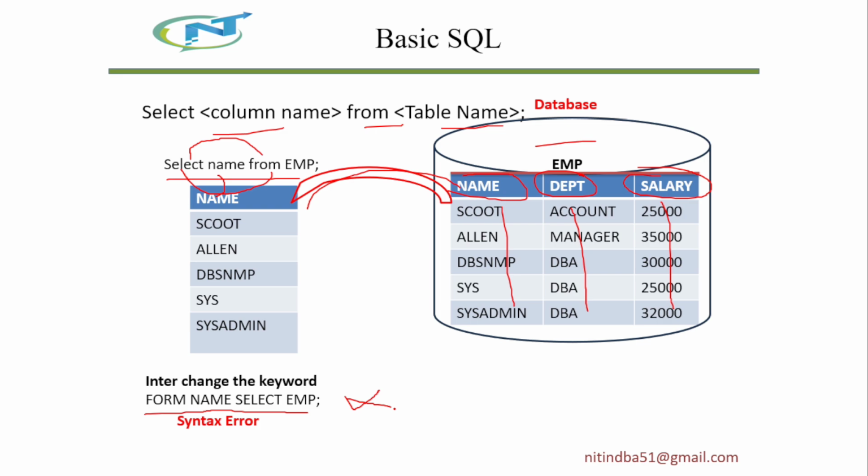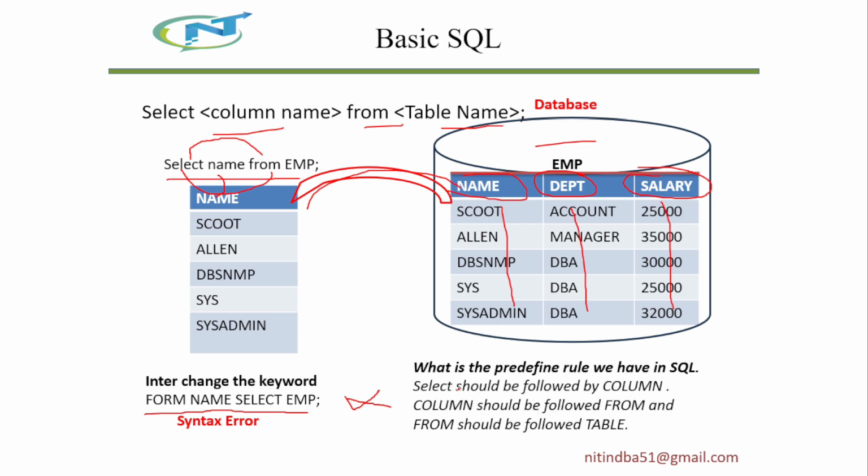Why? Because we are not following the predefined rules which we have in SQL. So what are the predefined rules? Select should be followed by the column name, the column name should be followed by from, and from should be followed by the table name. This is the predefined rule we have. If you see the first query, this rule is followed: select is followed by the column, the column is followed by from, and from is followed by the table name.